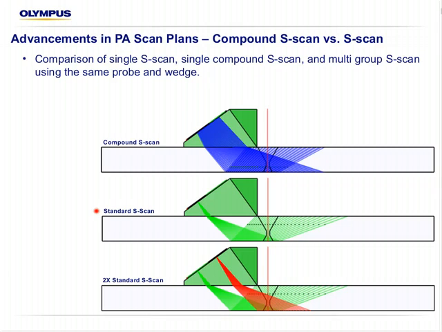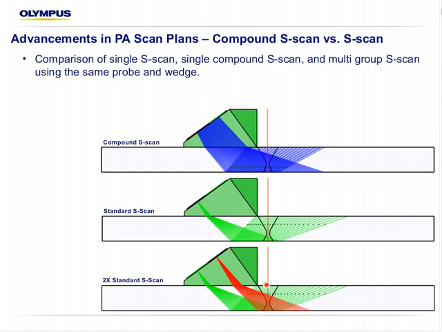A very common inspection strategy is a standard S-scan from the front of the probe covering the ID, and a second S-scan skipping off the bottom into the cap for coverage. A two-group S-scan inspection, again, is independently configured and calibrated, and it also has to be analyzed independently or merged into a C-scan offline.